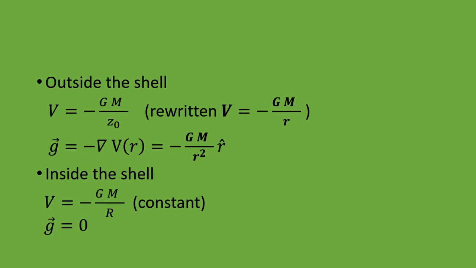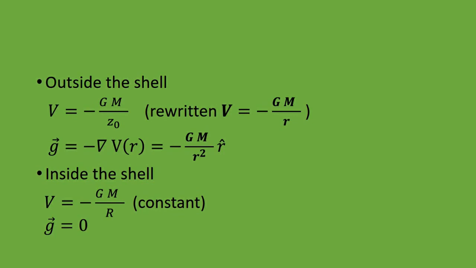Now, after simplification for inside the shell, you will find the result to be V is minus, again, capital G, mass of the shell, divided by, look what is there now, you get capital R. So that's the radius of the shell. So the result says that if you are inside the shell, then the potential is just a constant, which is equal to the potential at the surface.